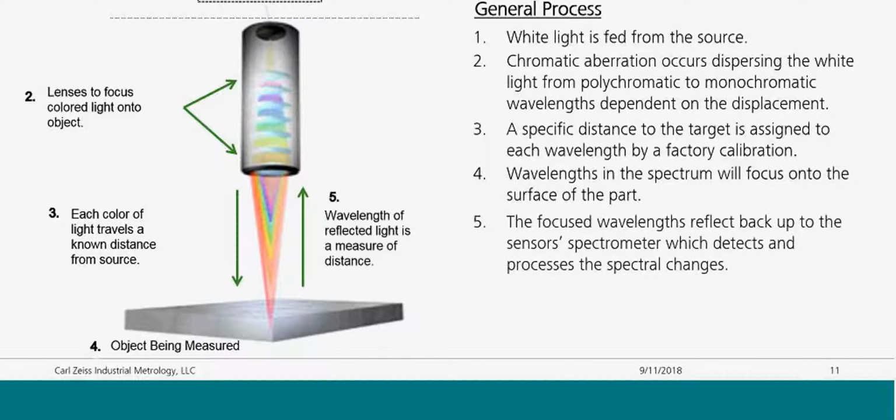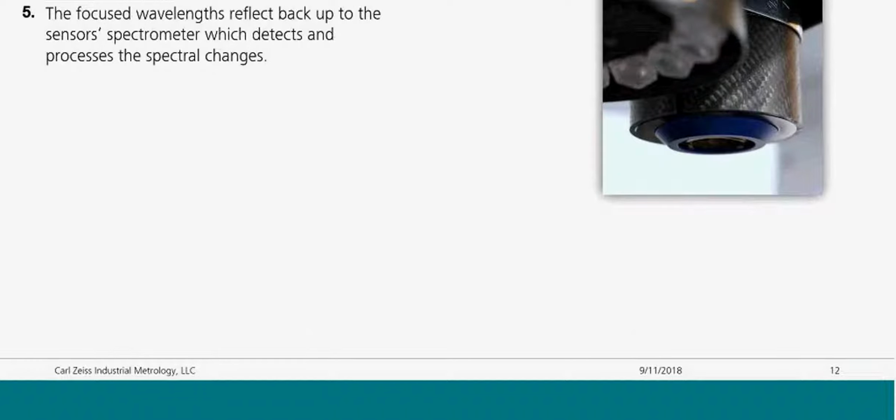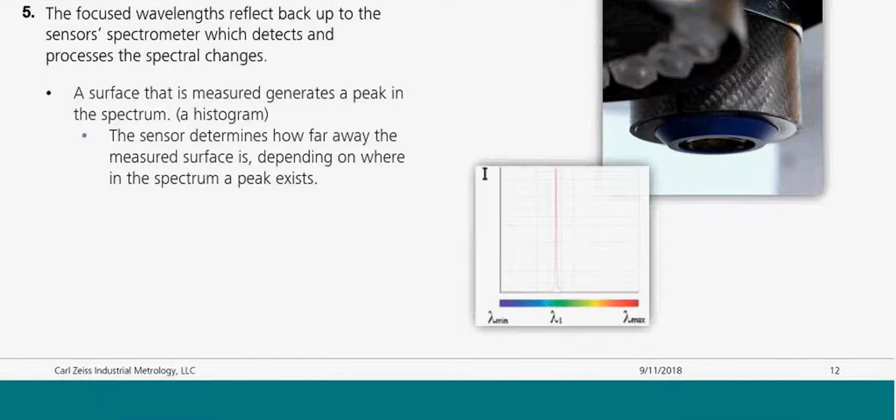So going back to our original image, like I said before, the focused wavelength then reflects back up into the sensor spectrometer, which detects and processes that information. If we take a look here, we go to the next image. We have this chart here. We have wavelength on the bottom, so the color of light, and then intensity on the y-axis of that chart.